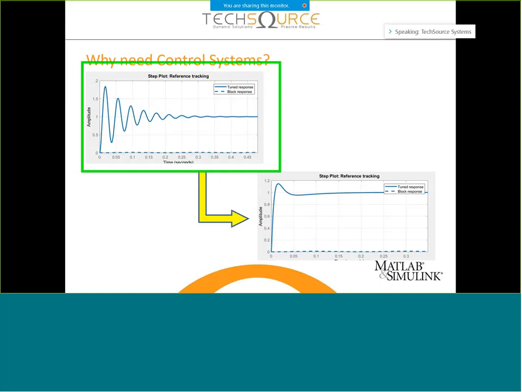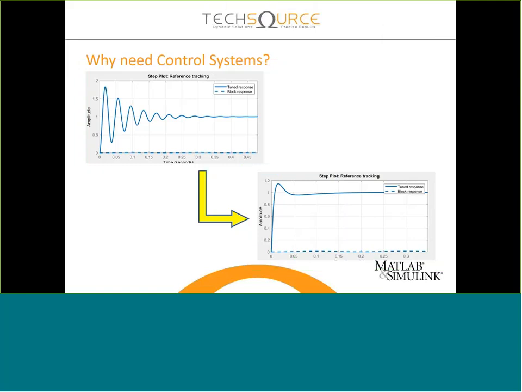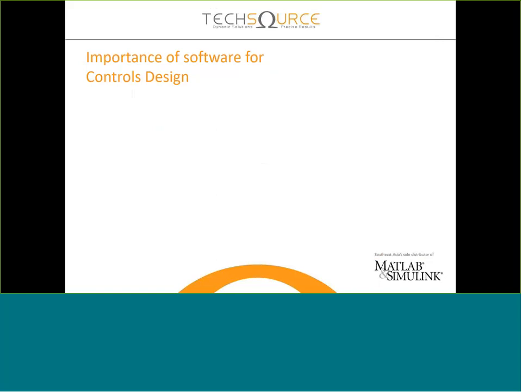If you just let it run, it will go and do things by itself. Okay, and one of our main reasons of building control systems is we want it to follow what we want it to do. Okay, so that's why we need a control system.